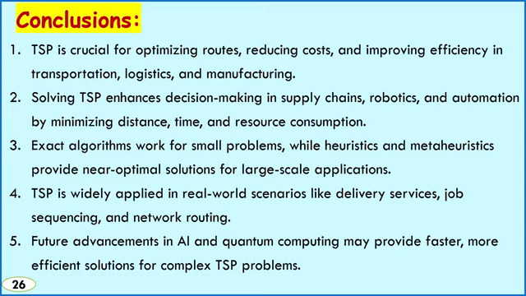Exact algorithms work for small problems, while heuristics and metaheuristics provide near optimal solutions for large scale applications. The traveling salesman problem is widely applicable in real world scenarios like delivery services, job sequencing, and network routing. Future advancement in AI and quantum computing may provide efficient solutions for complex traveling salesman problems.